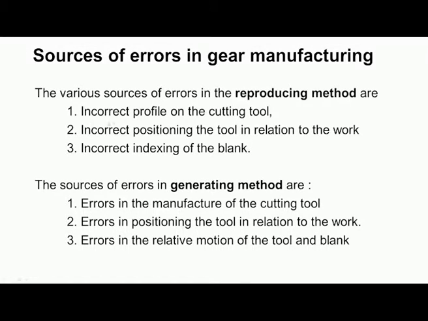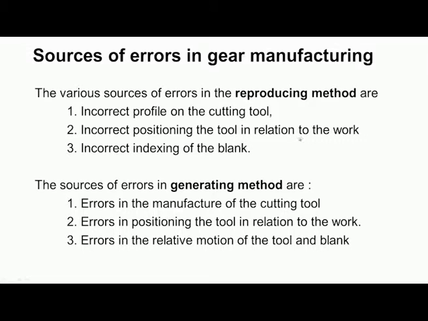So, there are various sources of errors in gear manufacturing. This lists the sources. The sources of errors in the reproducing method are incorrect profile on the cutting tool. That means we have selected a cutting tool which has an incorrect profile, so that incorrect profile will be reproduced on the blank, and hence we get some error in the gear.